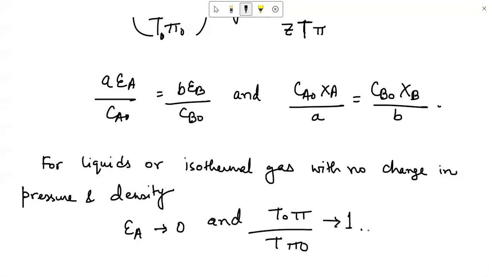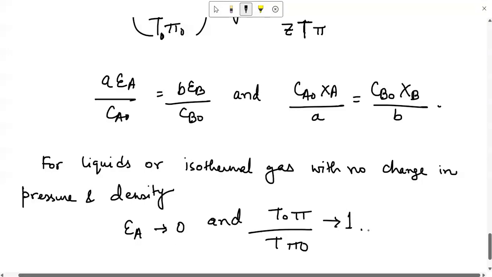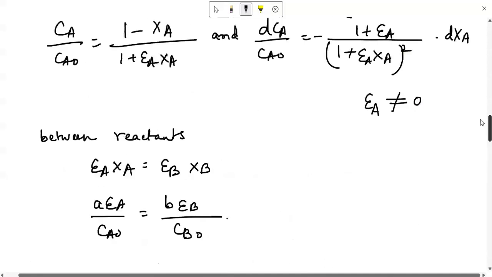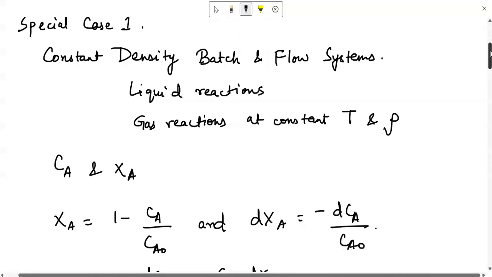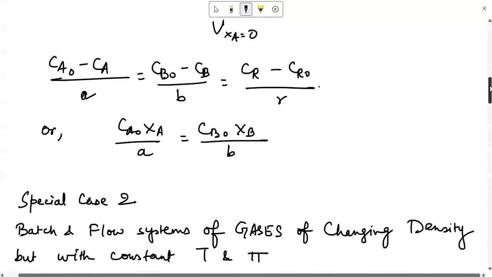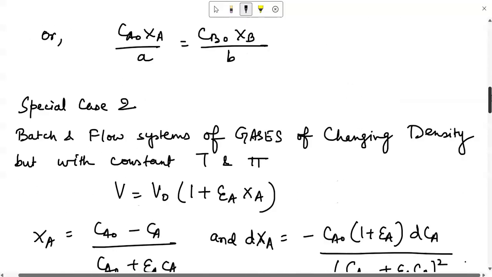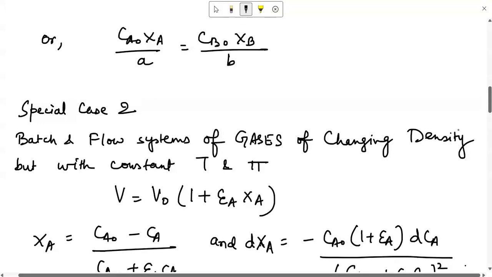Now this serves as the basis to progress with reactor design. Mainly the first two special cases are very important. Okay, so special case 1, constant density batch and flow systems, and special case 2, batch and flow systems of gases of changing density but with constant T and pi being the total pressure.